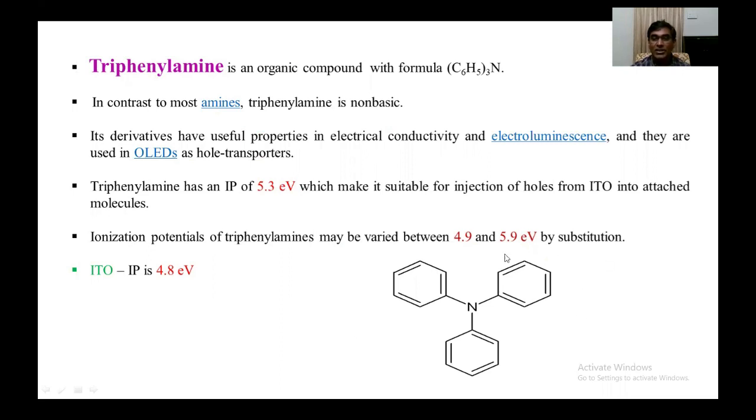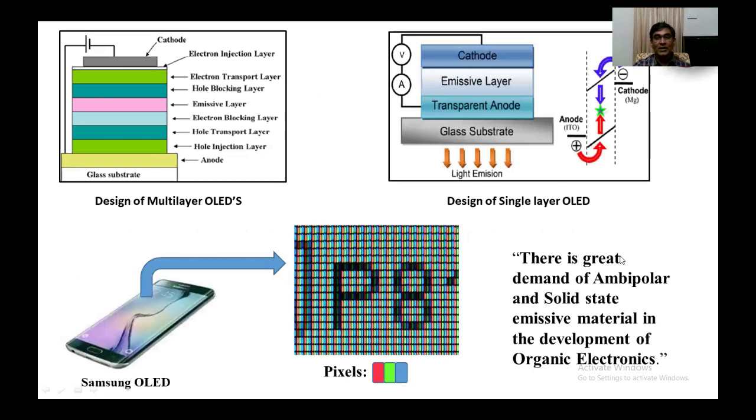Now, on this slide you can see the device structure, a single layer device or a multi-layer OLED device. For the single layer device, we take the glass substrate on which we coat a transparent anode, that is indium tin oxide, which is widely used as an anode, a thin layer of nanometer thickness. Then on that we coat the emissive layer, that is the organic molecule, and on that we coat a cathode layer.